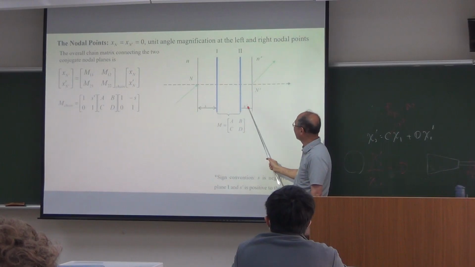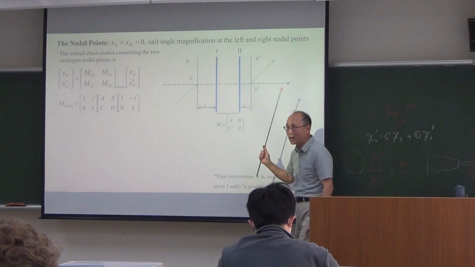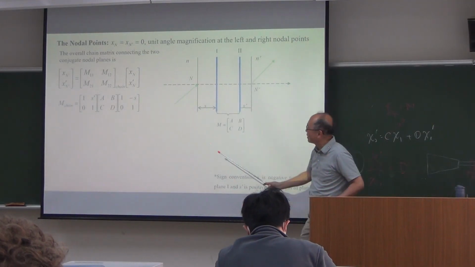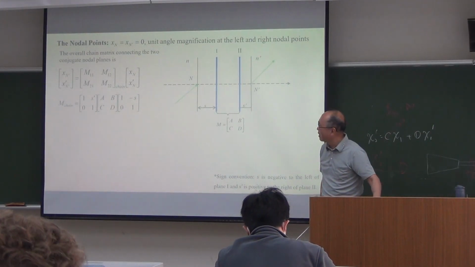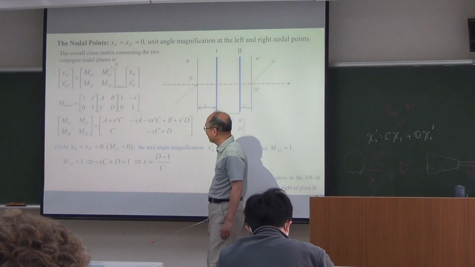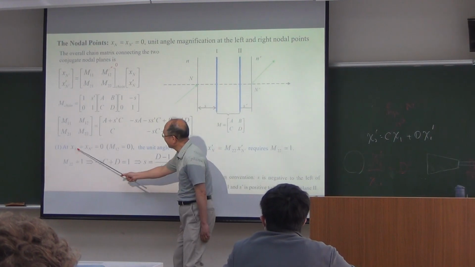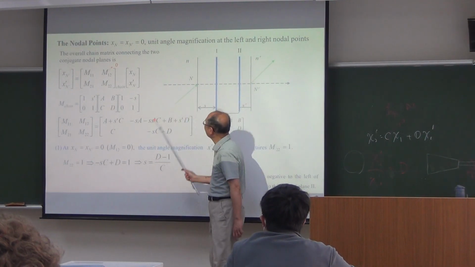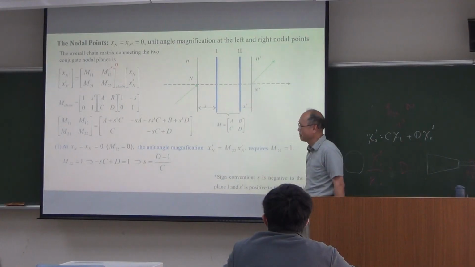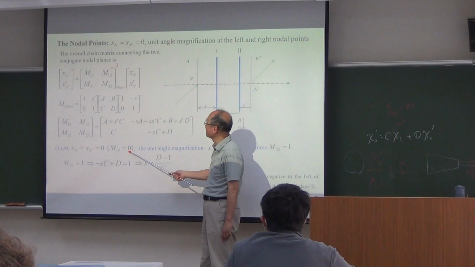You have to add this distance so that the angle of the input and output are the same. Then you end up having this matrix, and you set a condition: right on the axis, input and output are at 0 location. So this means that M12 has to be equal to 0.